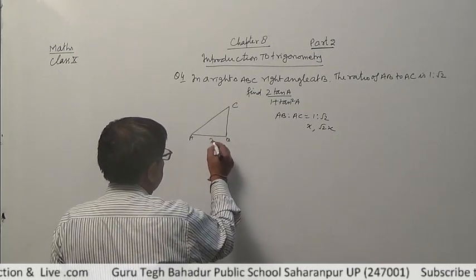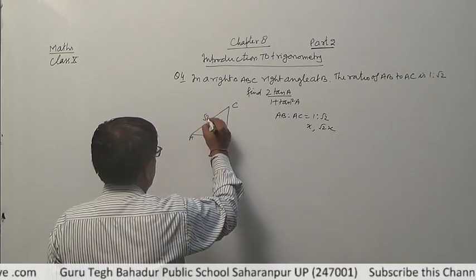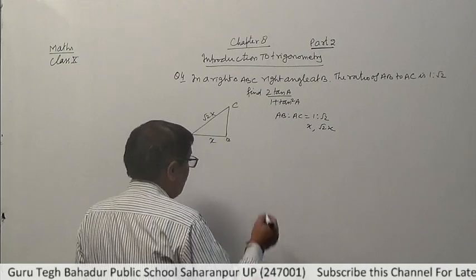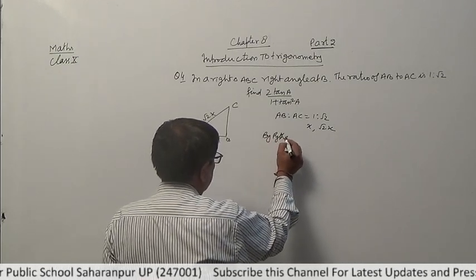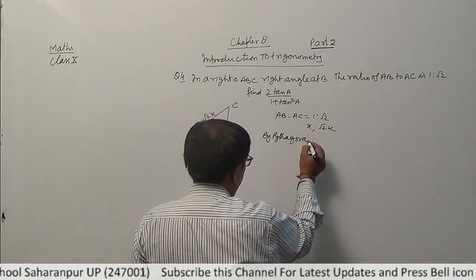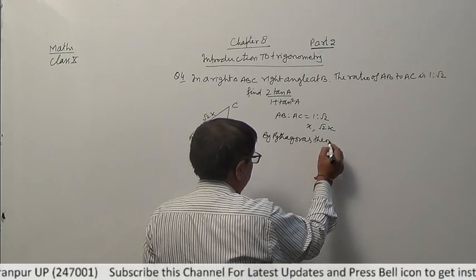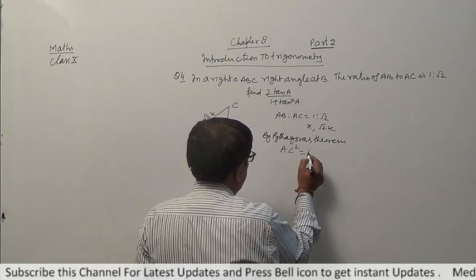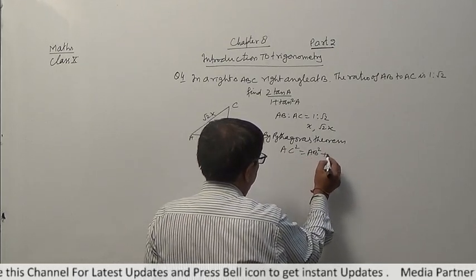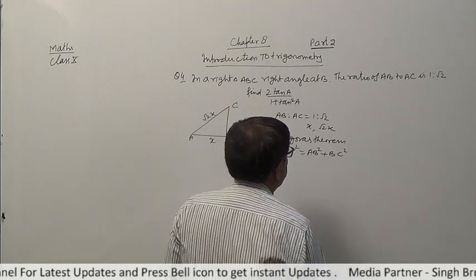AB is x, AC is root 2x. By Pythagoras theorem, AC square is equal to AB square plus BC square.